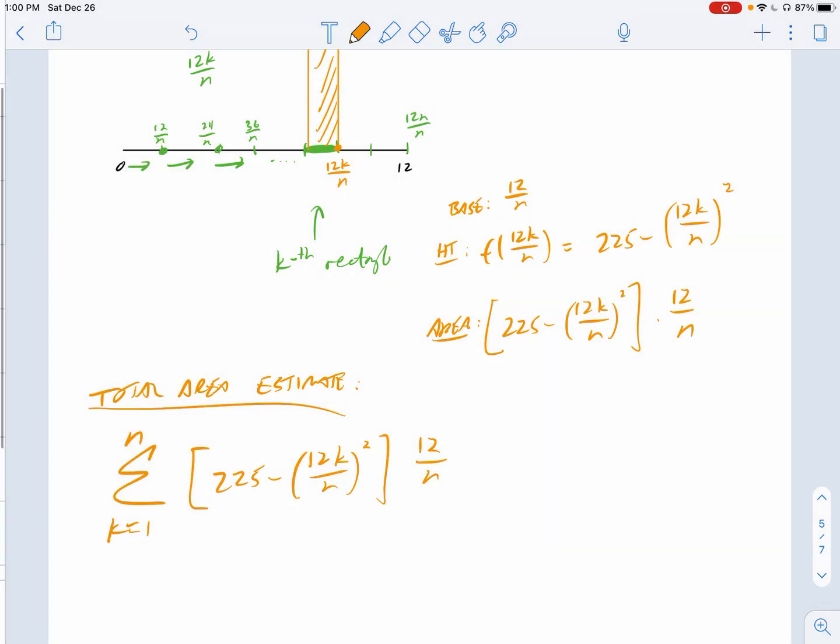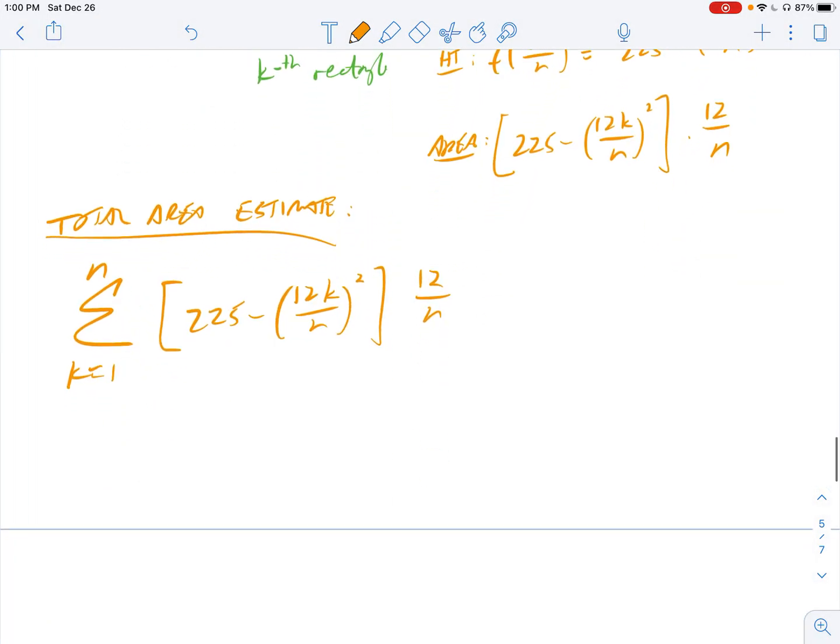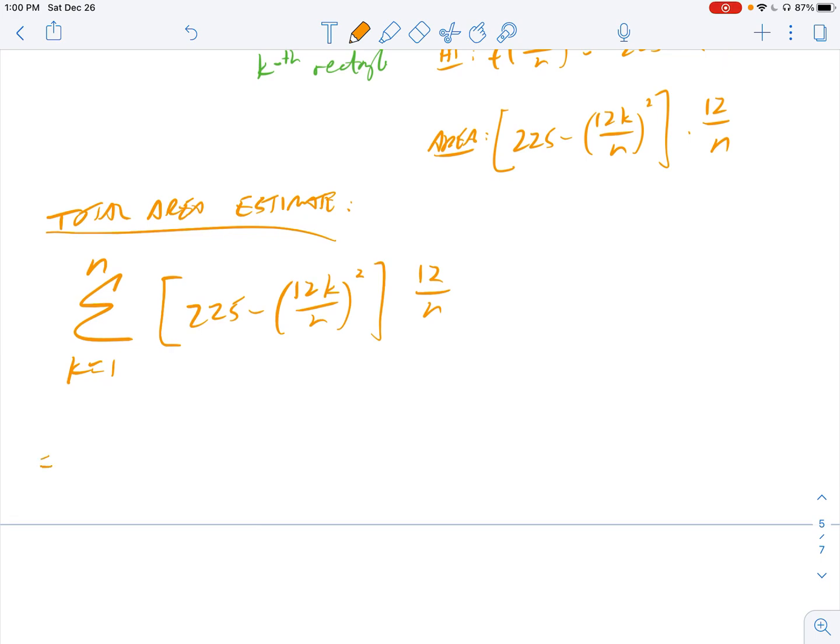So now I'm going to do a lot of algebra here. So this is the sum as k goes from 1 to n of 225 minus 144k squared over n squared, times 12 over n.